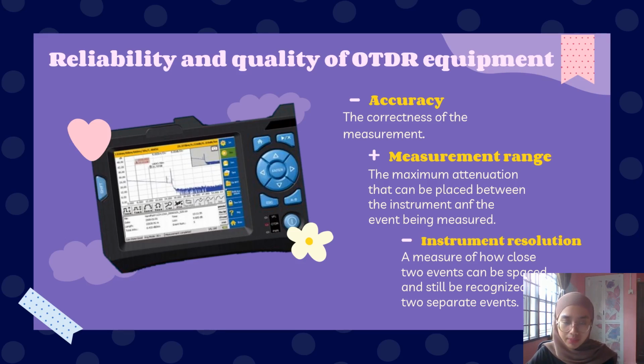First, accuracy. Accuracy is the correctness of the measurement. Second, the measurement range, the maximum attenuation that can be placed between the instrument and the event being measured. Third, instrument resolution, a measure of how close two events can be spaced and still be recognized as two separate events.